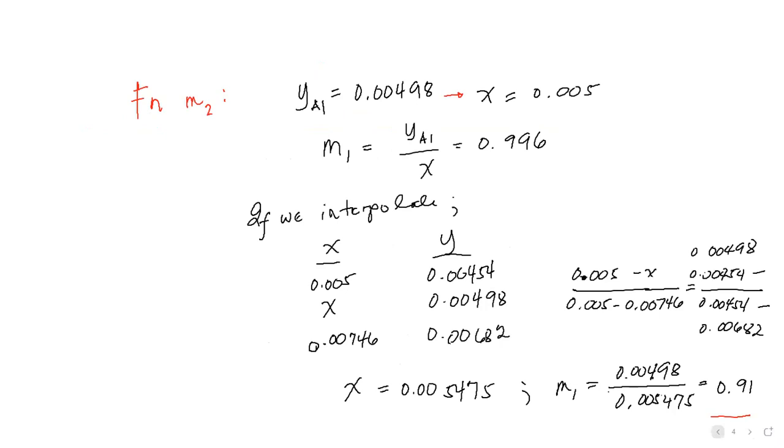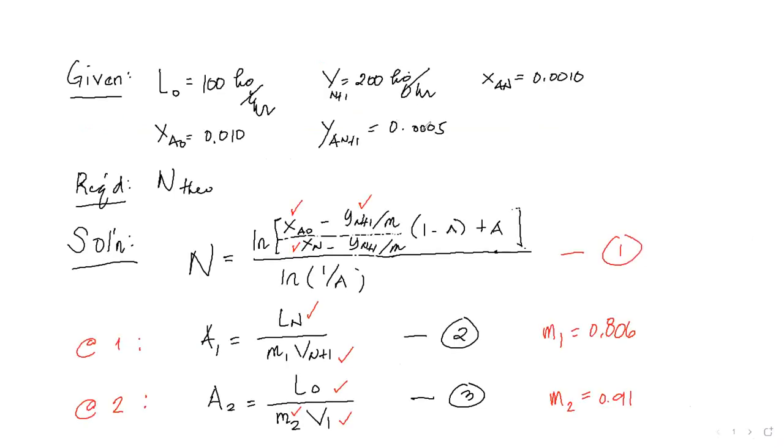By the way, this is yn plus 1, sorry. So that should be 0.005, okay?